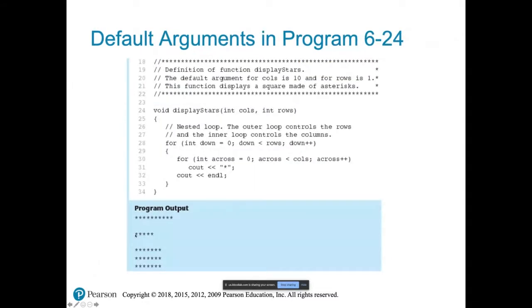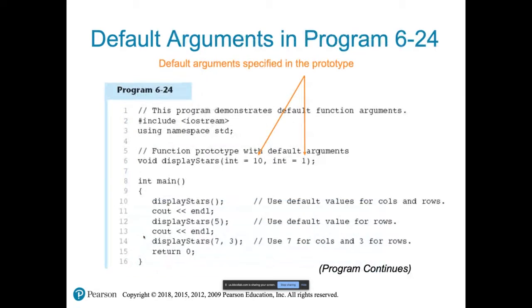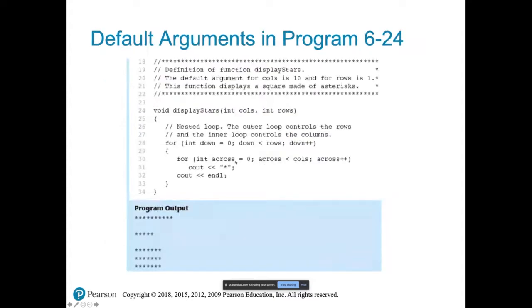So you have one row of 5. In this case, I'm going to replace the default arguments with 7 and 3. So I would have 3 rows of 7.